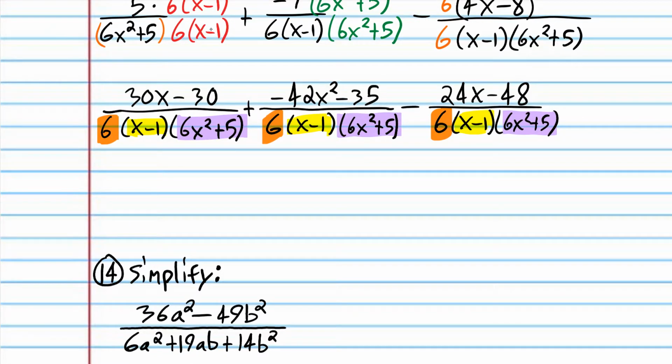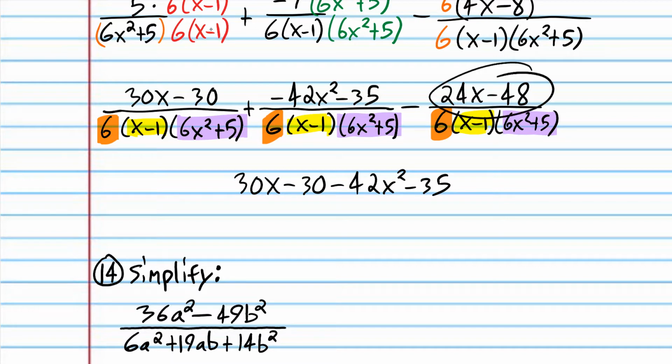So we don't have a lot of room here, so I'm just going to go ahead and go on to the last step here. So we have 30 minus 30x minus 30 minus 42x squared minus 35. We don't change any signs so far in the numerator because we're just adding those first two fractions. But here we have to change the signs.